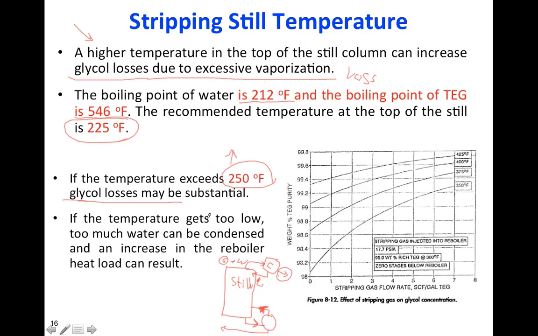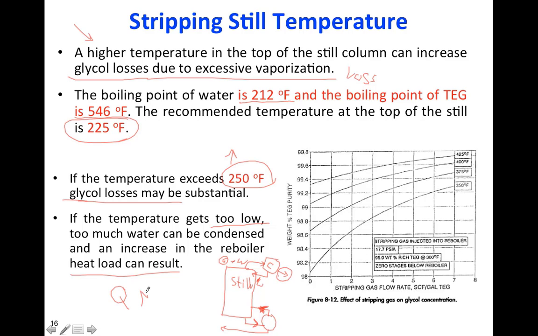If we decrease that temperature to a very low value, we can condense more water here and send more water back to this column. This water has to be separated again in the reboiler, so we will need more heat duty in the reboiler.